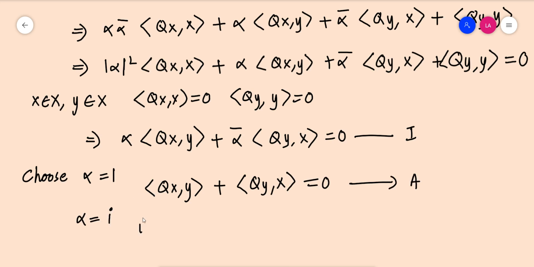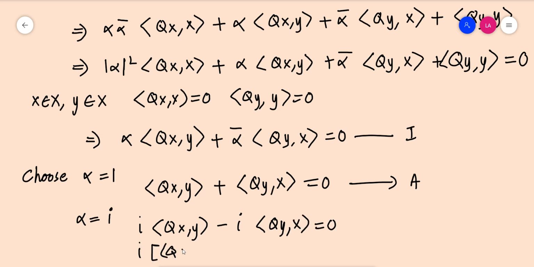Now take alpha as i. So this implies i times ⟨Qx, y⟩, and alpha bar is minus i, times ⟨Qy, x⟩ should be equal to 0. Now we can take i outside, that is i times inner product ⟨Qx, y⟩ minus inner product ⟨Qy, x⟩ should be equal to 0.